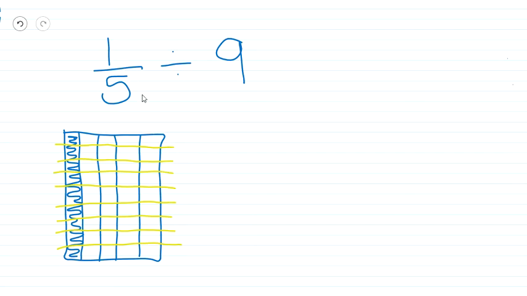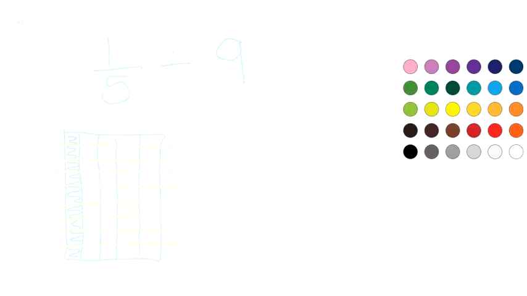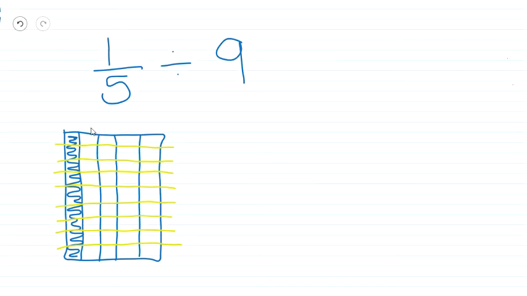Now we have to figure out the denominator. I'm sorry, let me change the color. We're going to do that by counting all these little pieces, all the small little pieces. Right? Or we don't have to do that. We can just count how many going across, how many going down. So we have 1, 2, 3, 4, 5 going across. We have 1, 2, 3, 4, 5, 6, 7, 8, 9 going down.